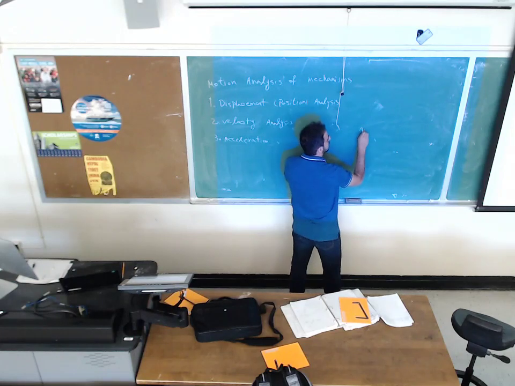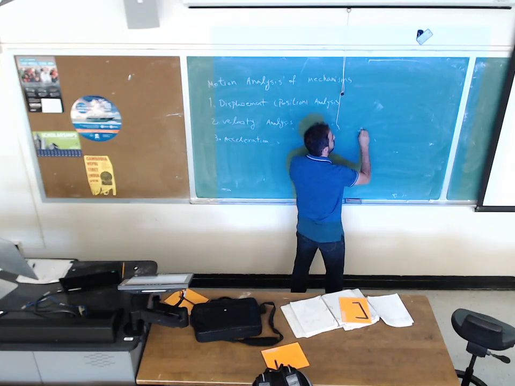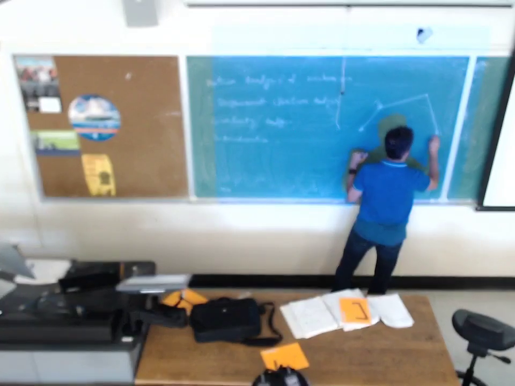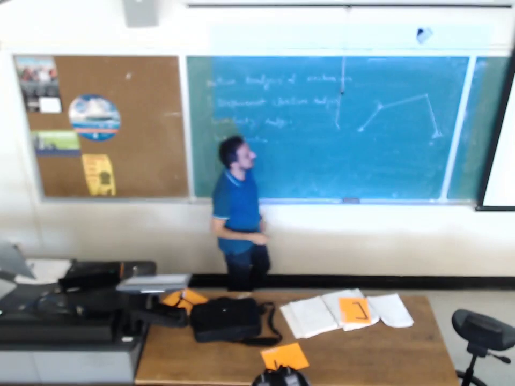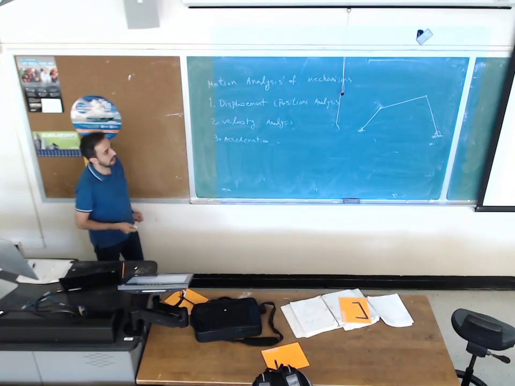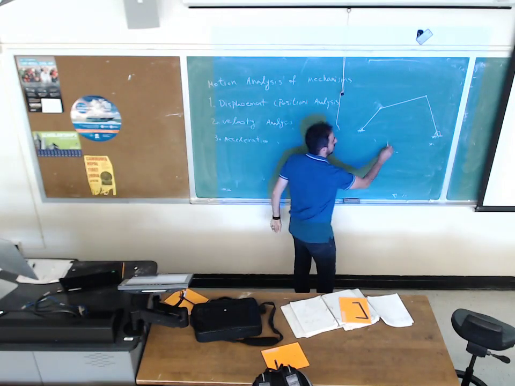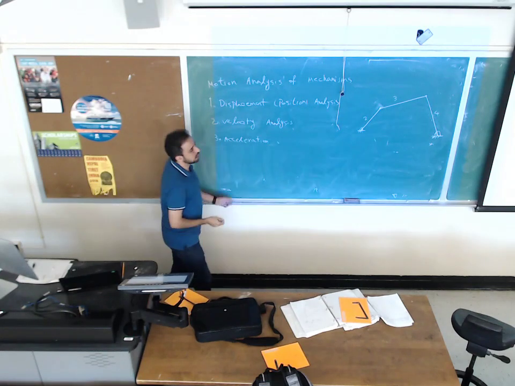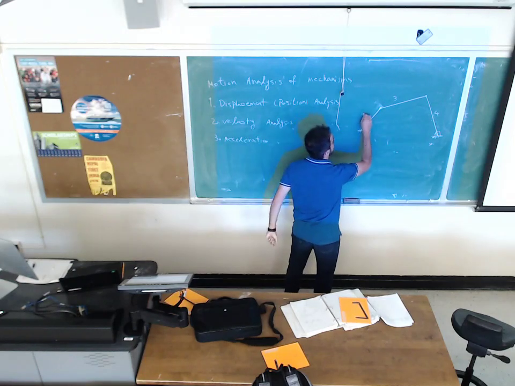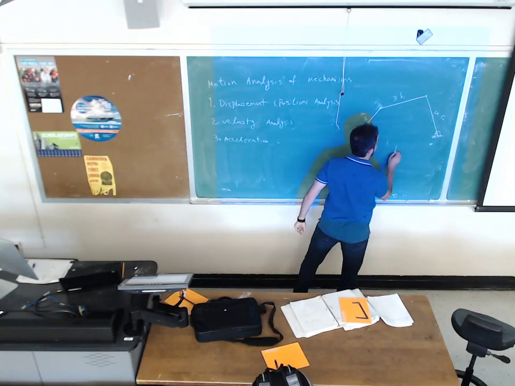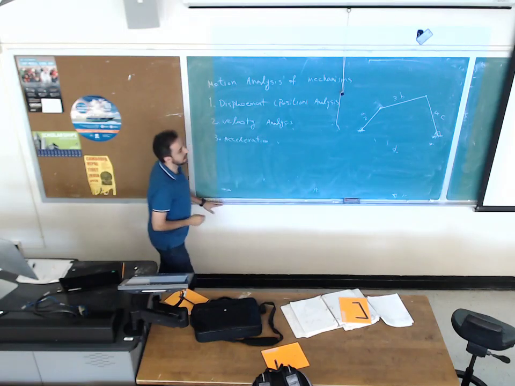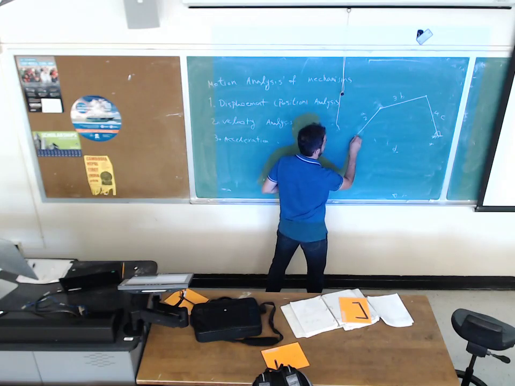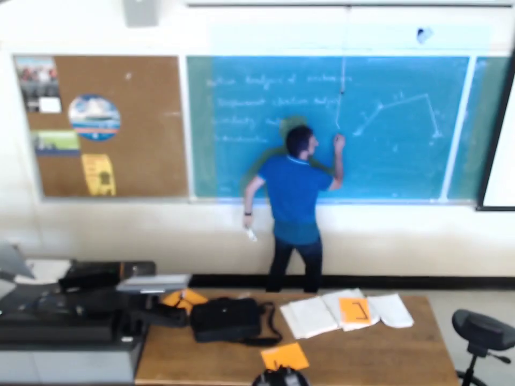Let me talk a little bit about labeling. If you are given a 4-bar mechanism like this, 1, 2, 3, 4, usually I label the joints as A, B, C, and D. This is the ground.